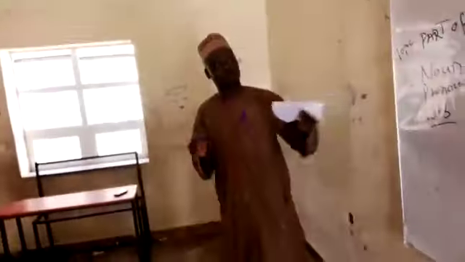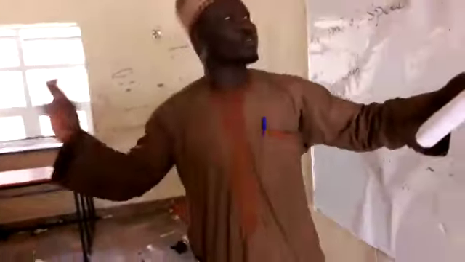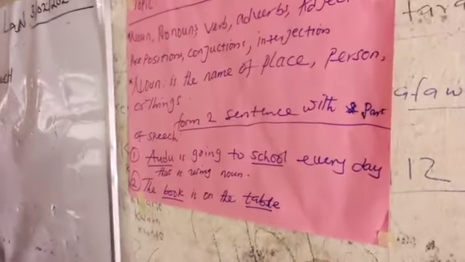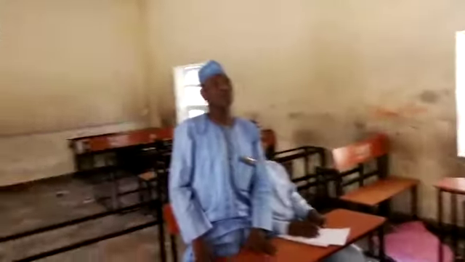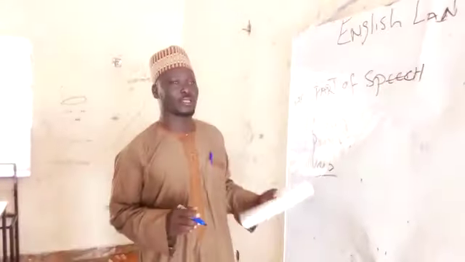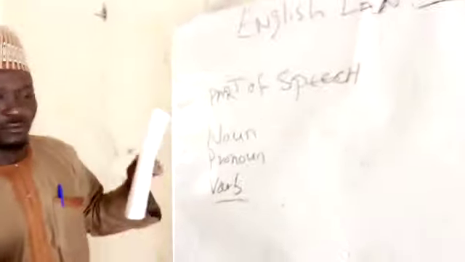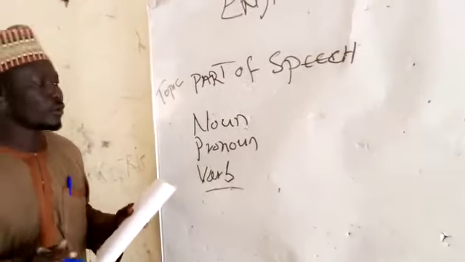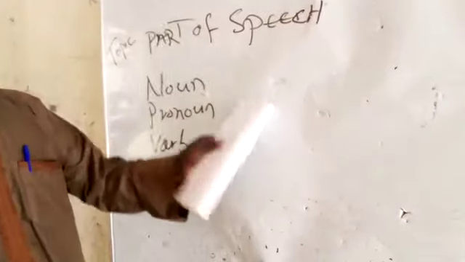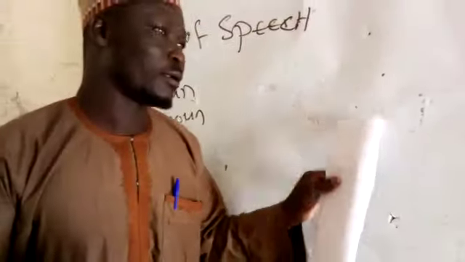Can you tell me the example? Can you mention two examples in parts of speech from our previous lesson? Yes, sir. We have pronoun and adjective, sir. Thank you very much. Sit down. So now we are going to get a good example in noun, pronoun, verb. Noun is the name of a place, animal, thing.